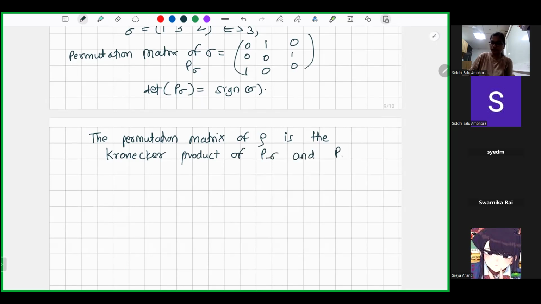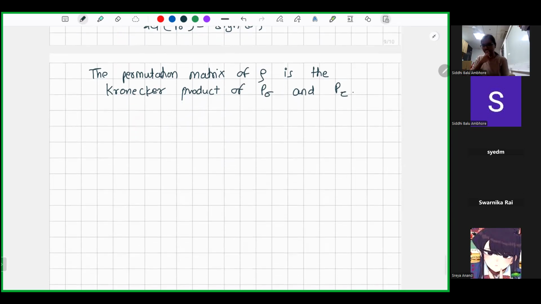And I hope you know what the Kronecker product of two matrices is.